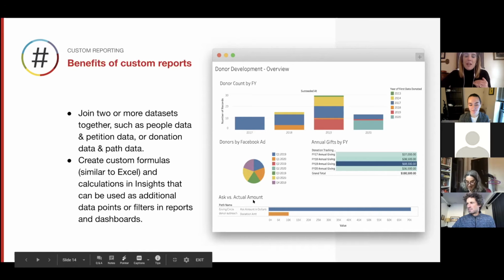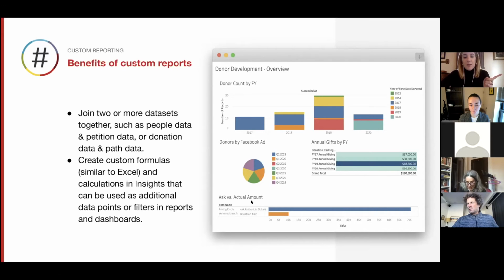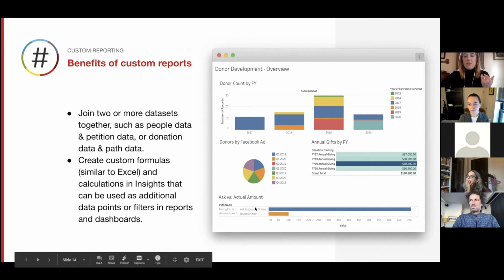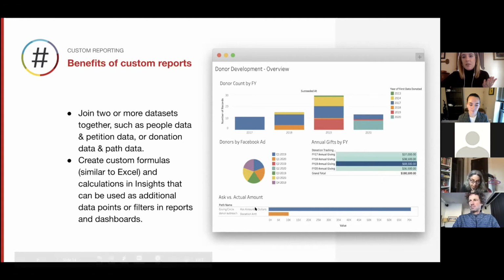On the bottom chart here, and you might have to squint a little bit, I actually have a graph that's pulling together the path value amounts. So a sum of the path values for everyone who's on an annual giving path, compared to all of the donations received that have a tracking code related to annual giving.